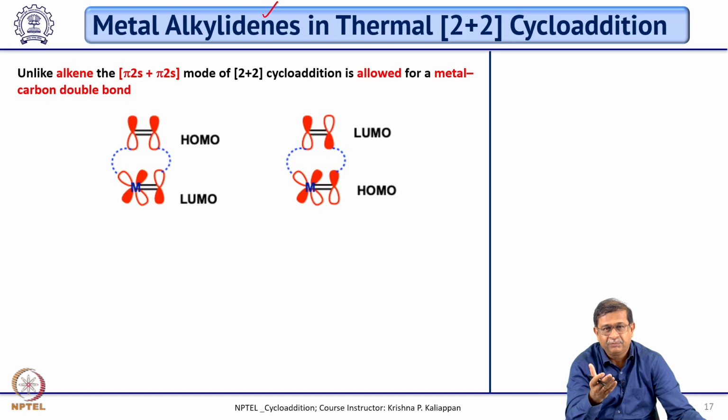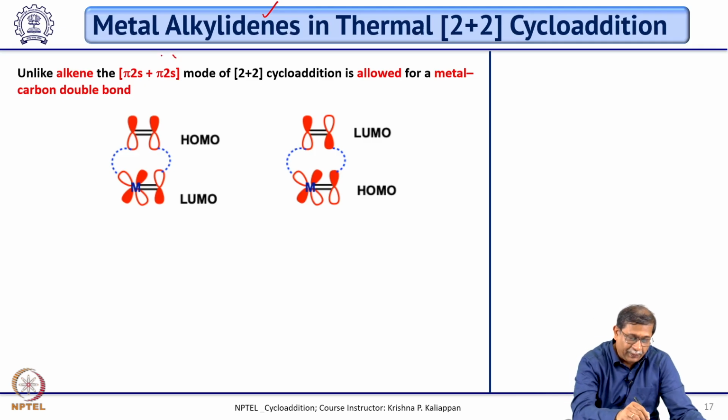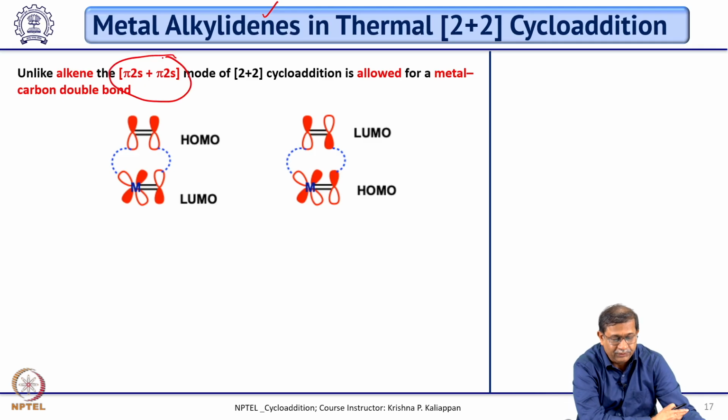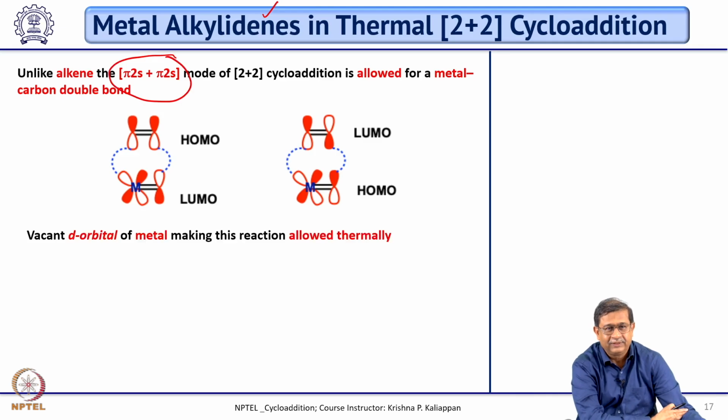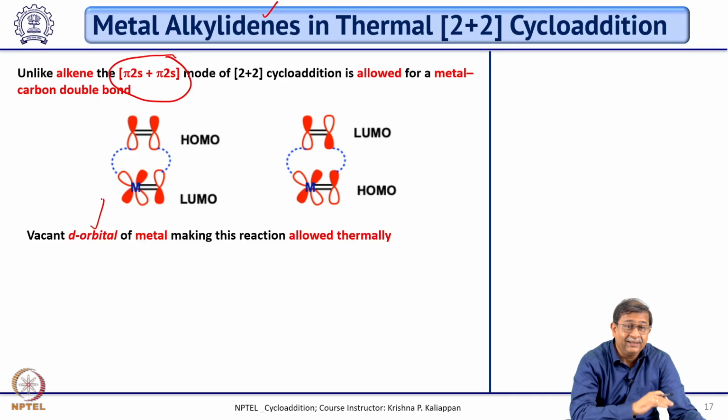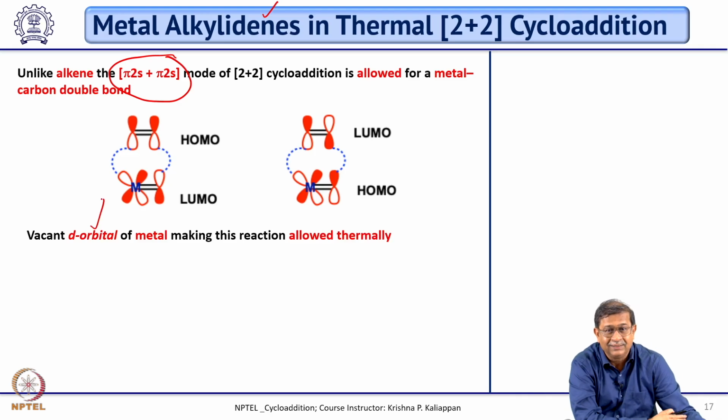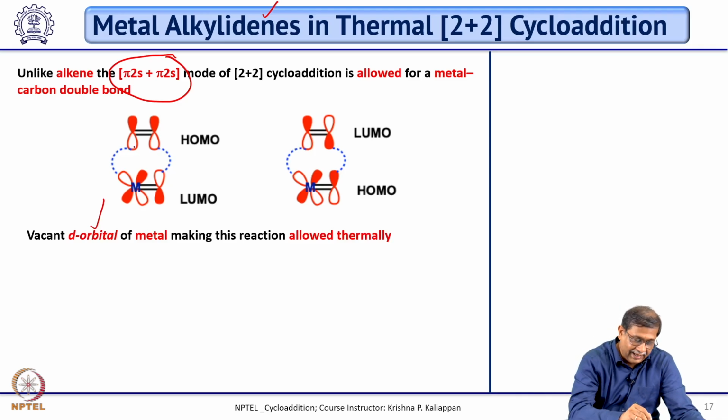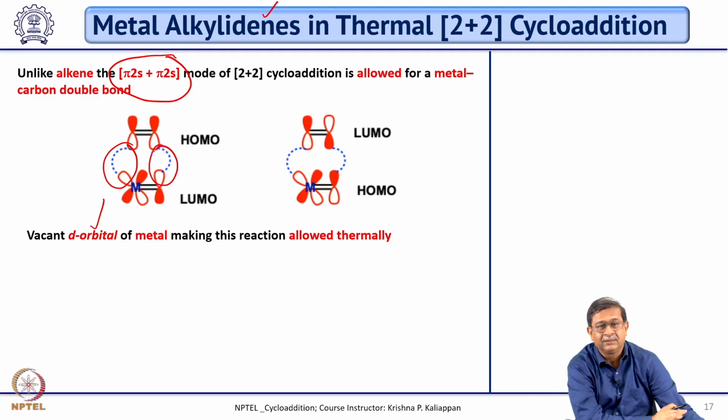Instead of normal 2+2 cycloaddition between 2 alkenes, when it involves a metal, this pi 2s plus pi 2s addition is allowed. That is because of the vacant d orbital present in the metal, and that leads to such nice overlap in the same phase.